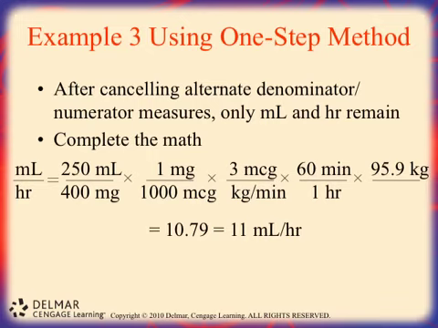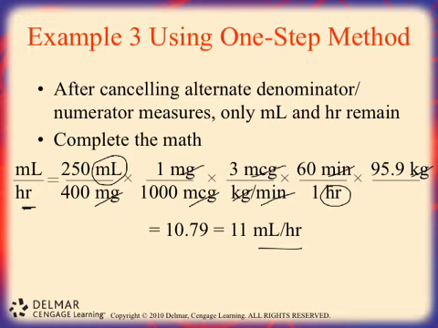So now let's look and see if we've ended up with milliliters per hour. That's what we want. We started with that. That's what we want to end with. So we cancel out our milligrams. We cancel out our micrograms. We cancel out our minutes. And we cancel out our kilograms. That leaves us with milliliters per hour.